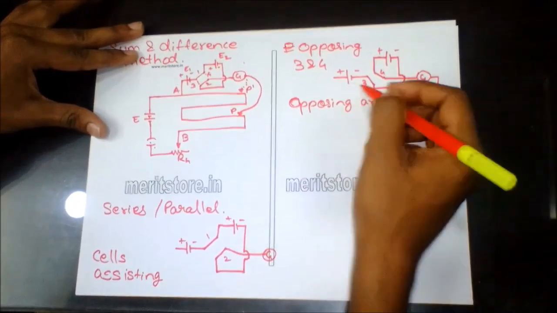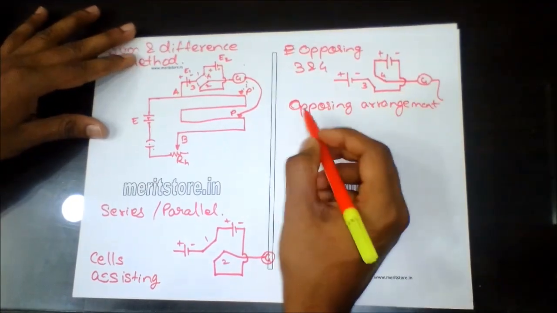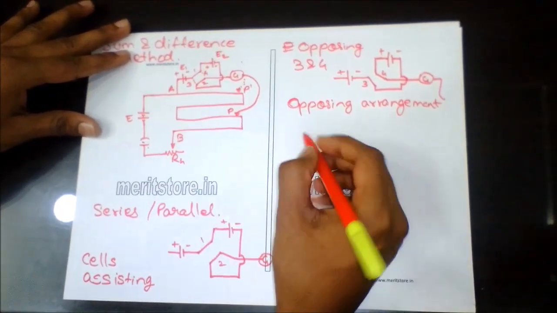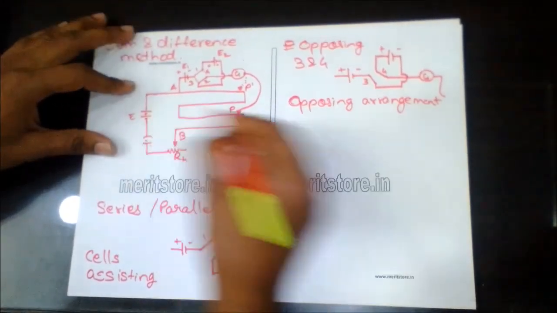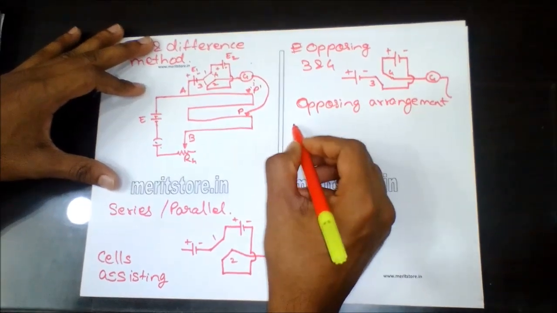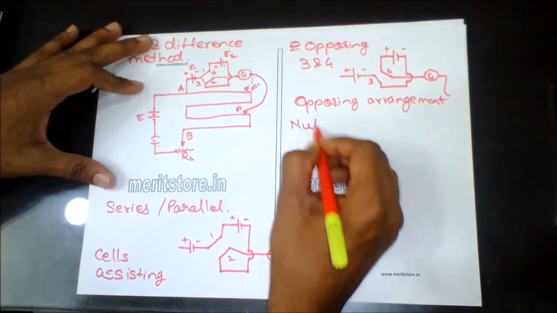Now that we have seen assisting and opposing arrangements, when the key is closed and current is allowed to flow through the circuit, we use the galvanometer and jockey combination to find the null point.